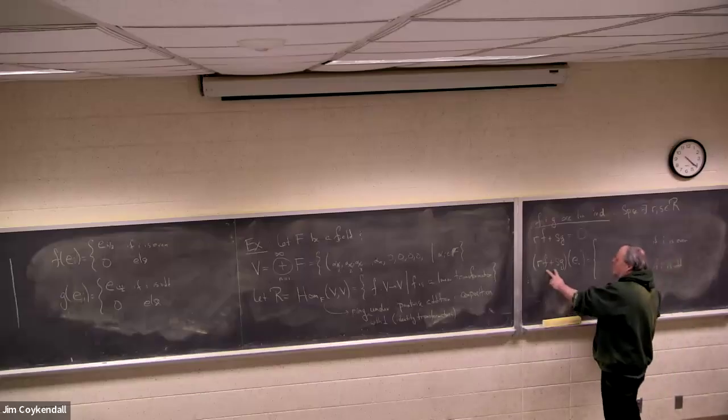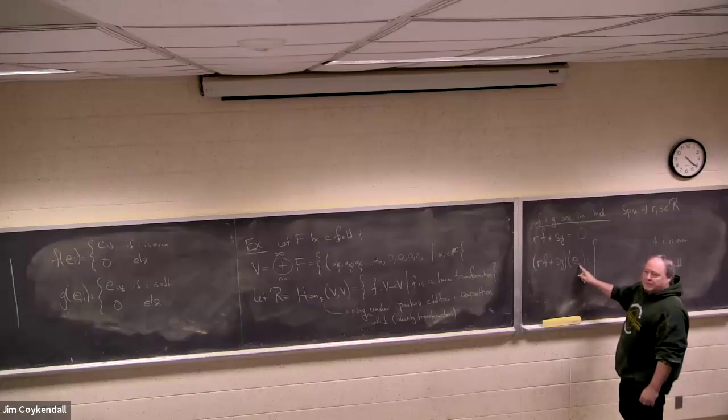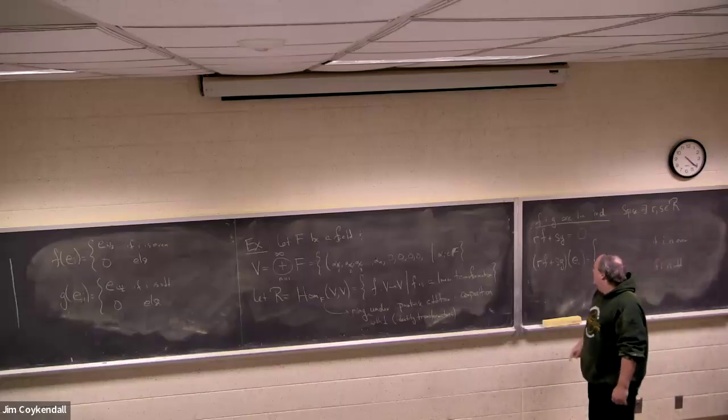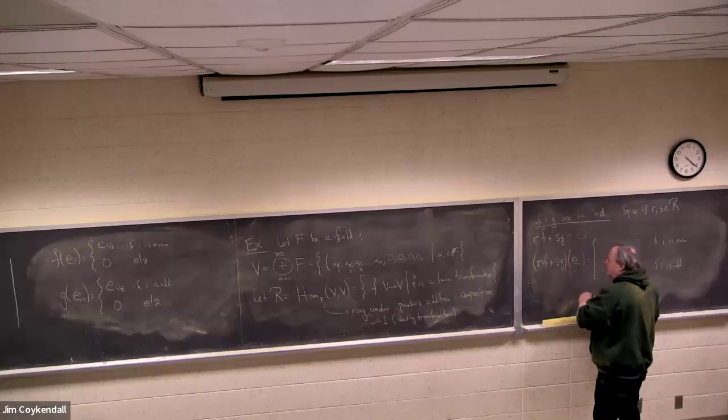Okay, what happens when I take this new homomorphism and I evaluate at E_i? Well, the first thing is let's suppose that i is even. The first thing I'm going to do is plug E_i into G. So I plug E_i into this clump and this clump.